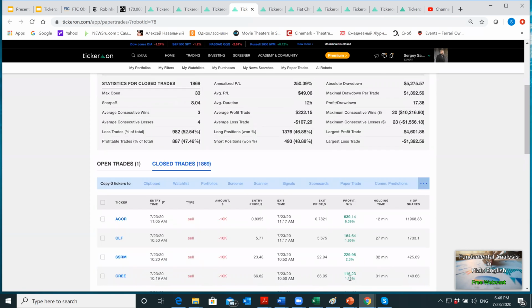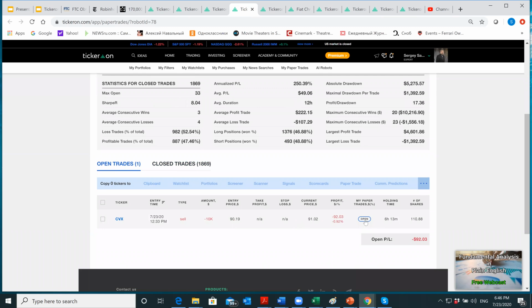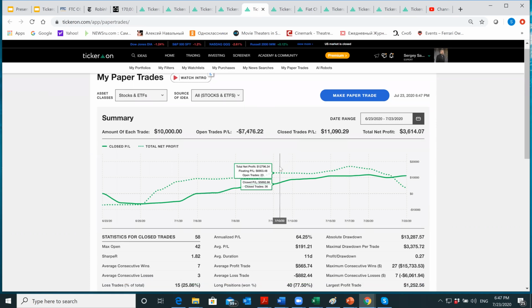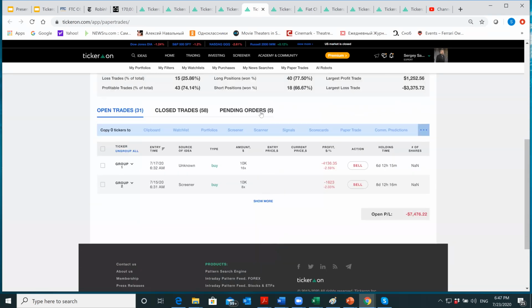What you're going to be able to do is take these open trades and just copy them. For instance, this is a sell, right? If I want to copy that, I will click it to open a similar position, and it sells short, right? So if I go back to my paper trade, I'm supposed to have 4 pending positions. Let's see, 5. Maybe I did something.